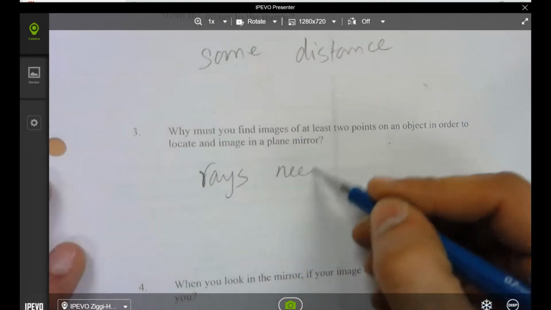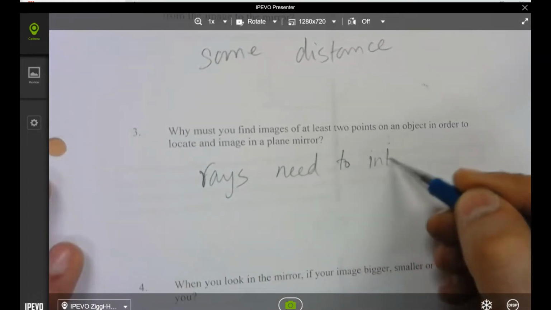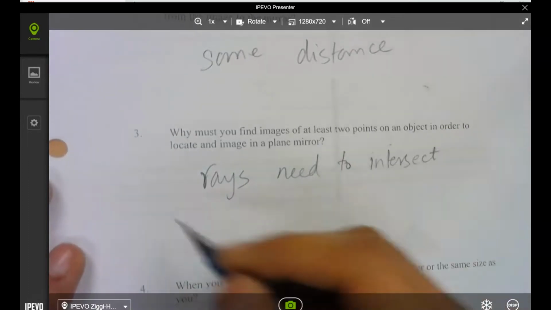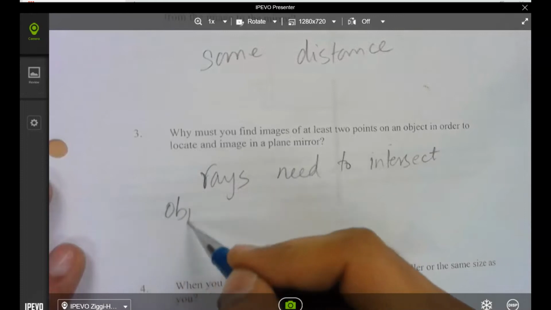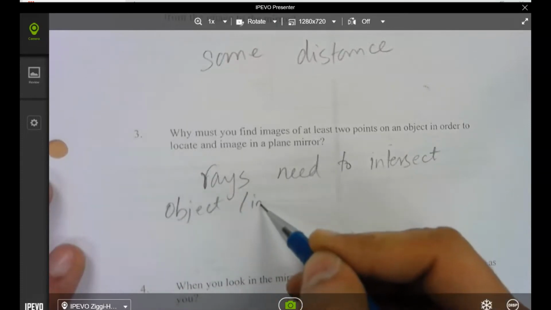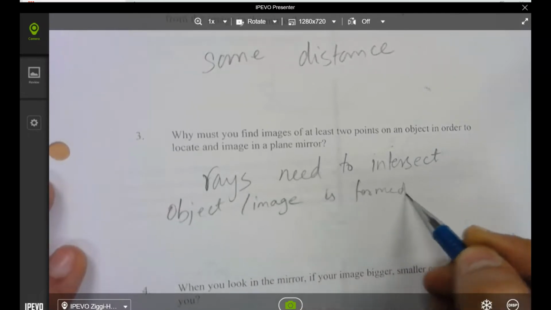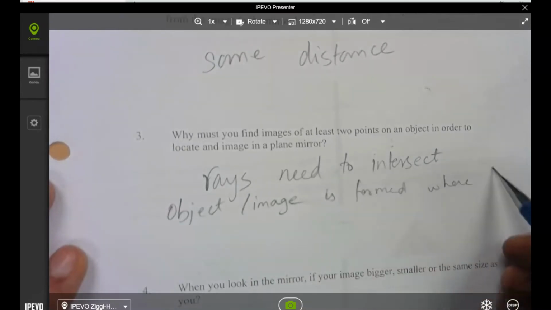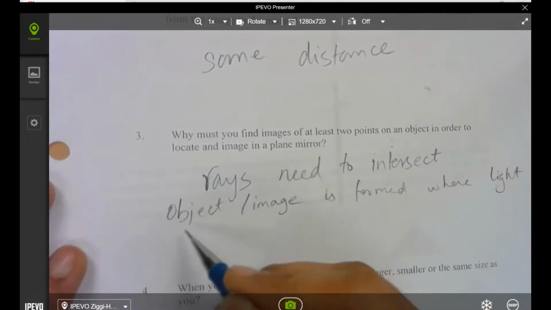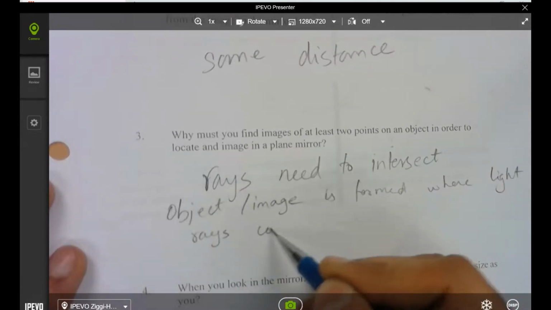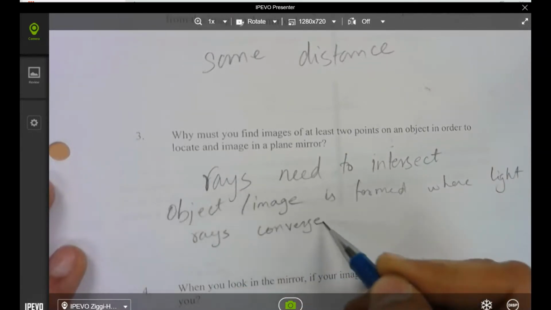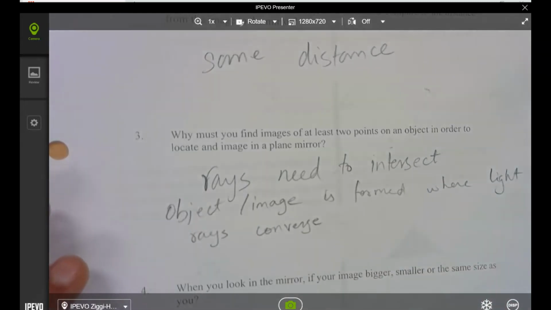Rays need to intersect because we have noted that the image is formed where light rays converge or appear to converge, right? I say appear to converge because dotted lines are not actually converging because they're not really there.